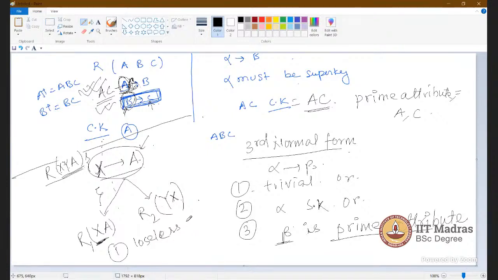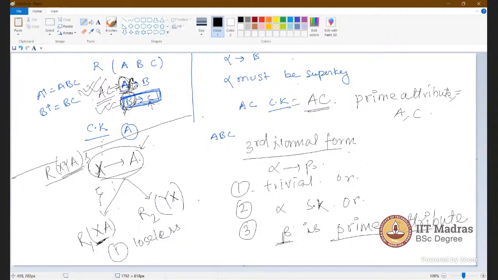Akash? So BCNF is third NF plus lossless decomposition? Yeah, I mean, after third NF, if we check that lossless decomposition is there, then it can be called BCNF, right? No. You have to check, as in the third normal form, whether in every functional dependency the left hand side is a super key or not.